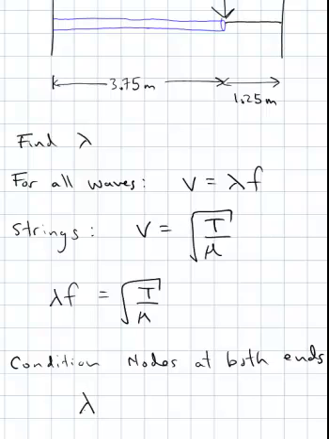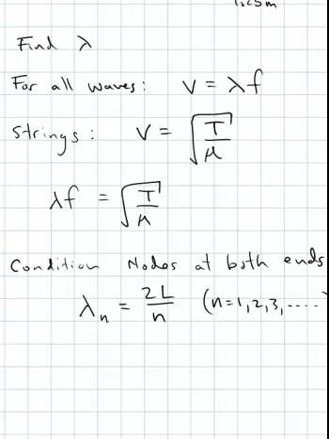It's that lambda is 2L over n, and n can be 1, 2, 3. So for all those wavelengths, we will have standing waves with nodes at both ends.